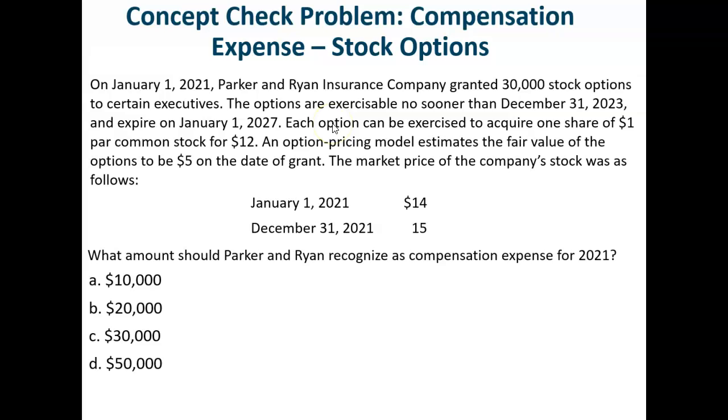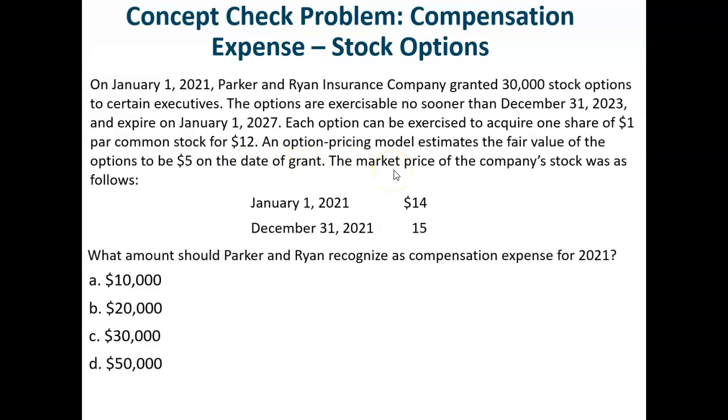Each option can be exercised to acquire 1 share of $1 par value common stock for $12. An option pricing model estimates that the fair value of the options to be $5 per option on the date of grant.